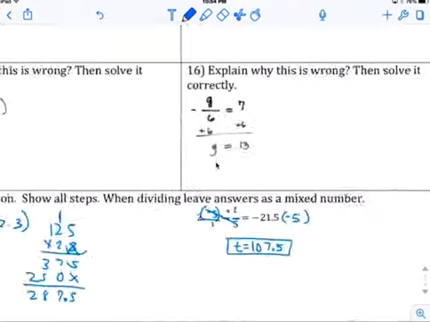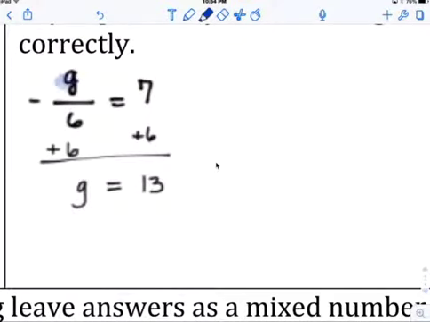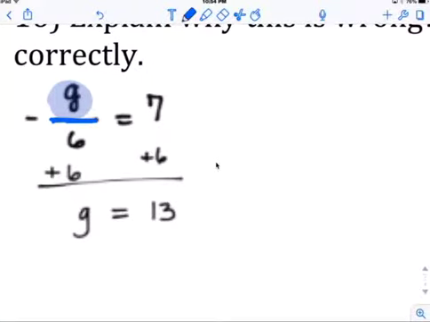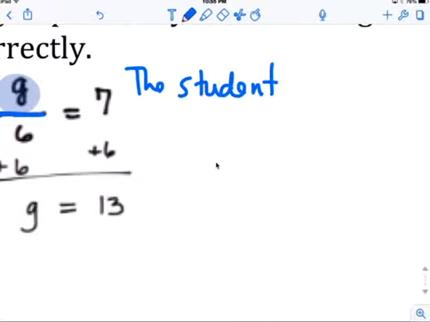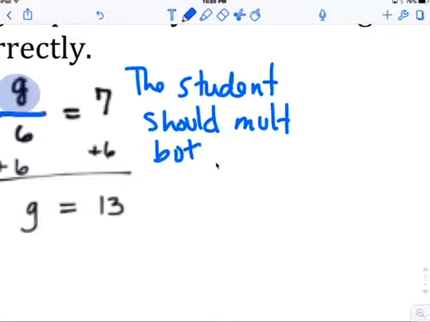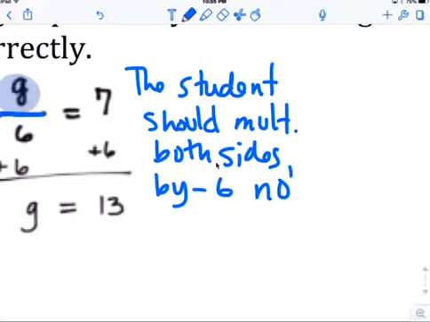Okay. What did they do wrong here? Here's the variable. This is division. You cannot add and make 0. You have to multiply. Explain what is wrong. The student should have multiplied both sides by negative 6, not add 6.